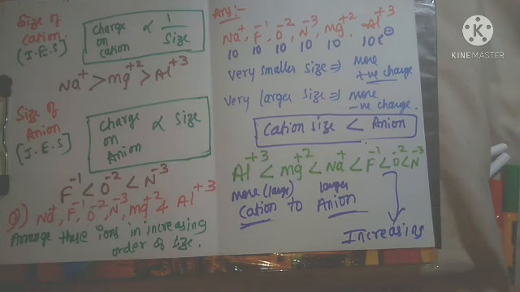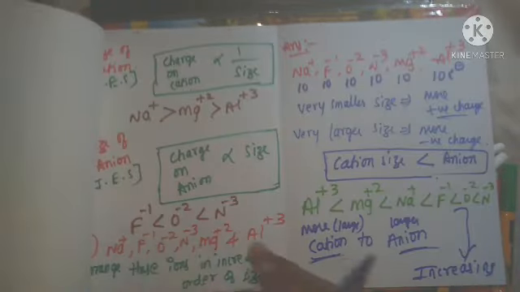Now next we will go for the third one, C, that is ionization enthalpy. Next, A and B over, next to C, ionization enthalpy. Here I am using the red pen.